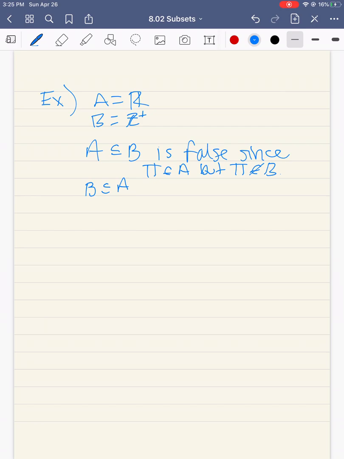Well, yes, they will be, because the set of all reals is the least restrictive set. So in this case, B is a subset of A. This is a true statement, since all of Z plus is in the set of reals.